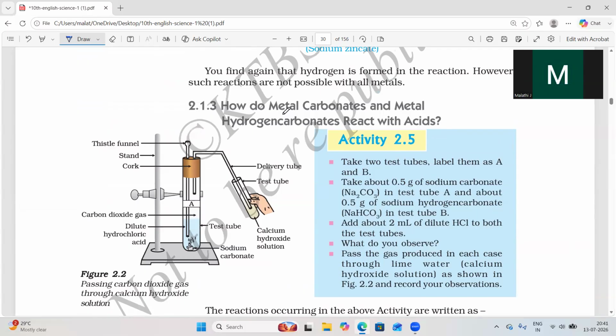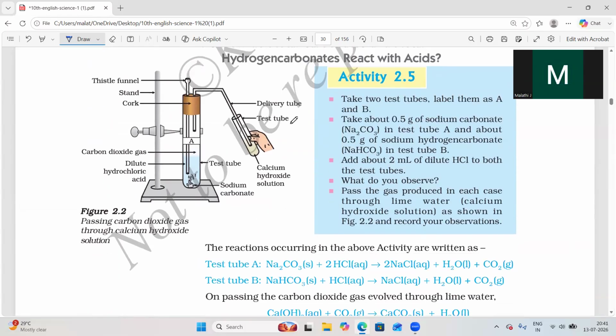Metal carbonates means metals in combination with the carbonate group. The carbonate group formula is CO3 2 minus.